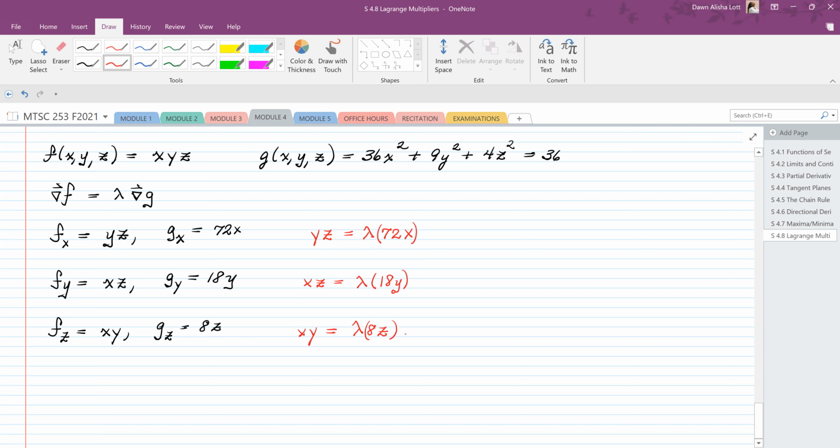Now, whenever you have a problem like this, it is always best to make everything look the same. So now watch this. I get XY, so let's multiply the first equation by X. So I get XYZ is equal to 72x squared times lambda.